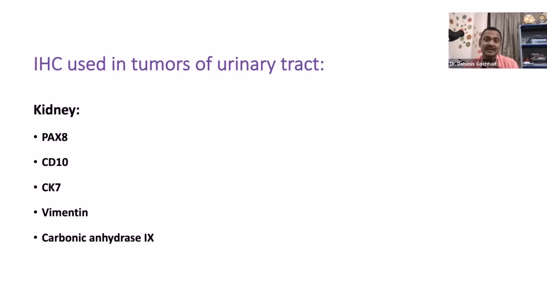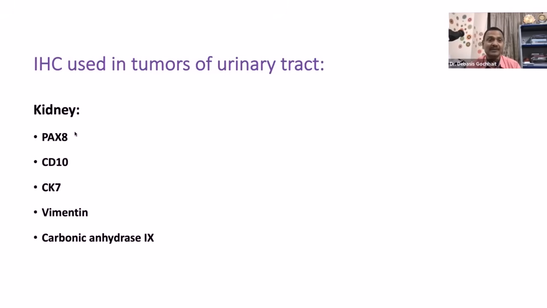There can be a clear cell type, a papillary type, and a chromophobe type. And we as pathologists can have a doubt: say I am saying this is clear cell, somebody may say no, this is papillary, another person may say no, this is chromophobe. So to sort out that subjectivity, we can try certain markers and then we can immediately tell whether it belongs to clear cell or papillary.